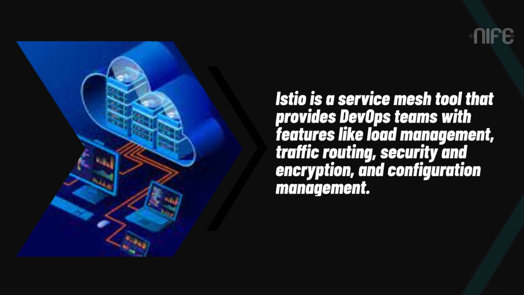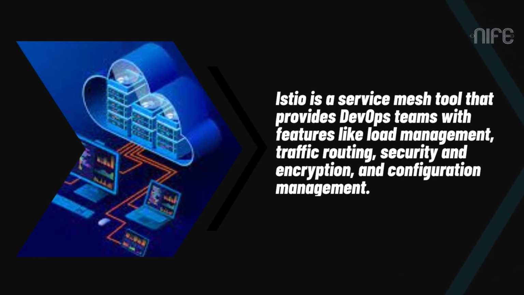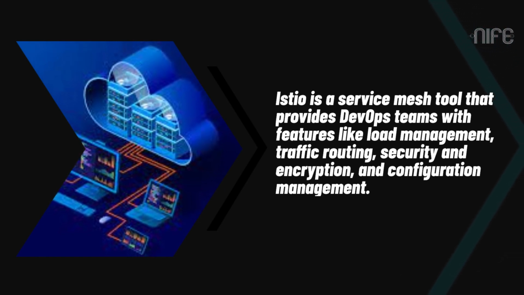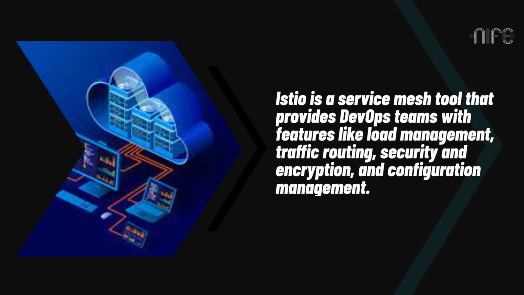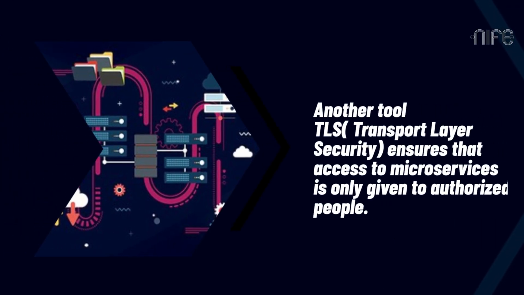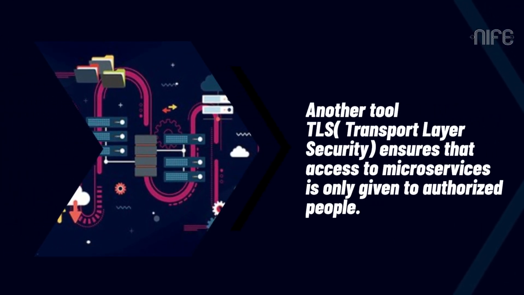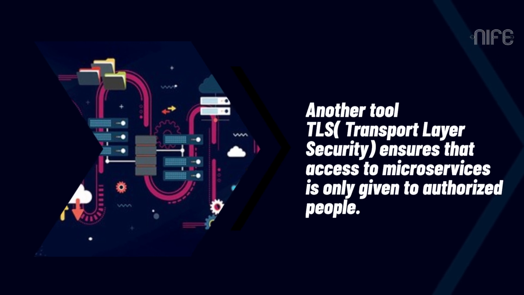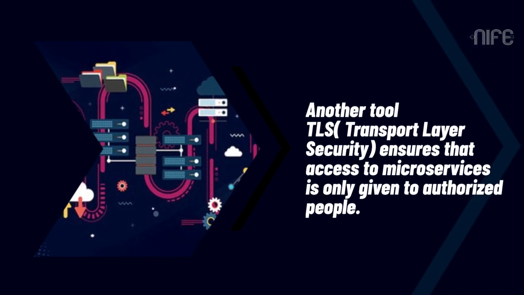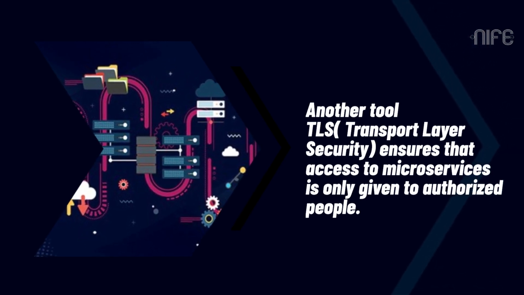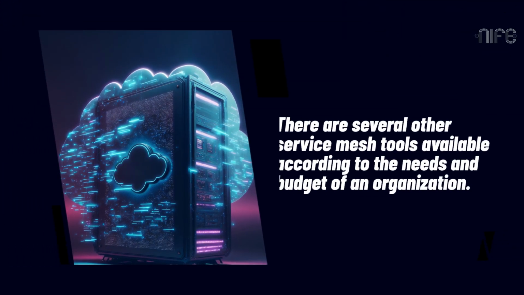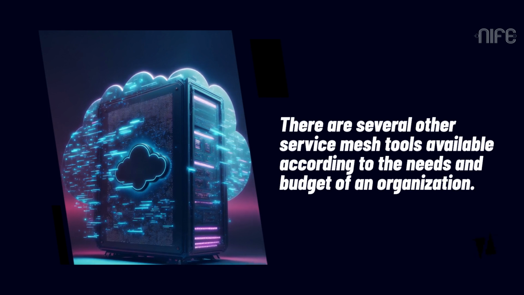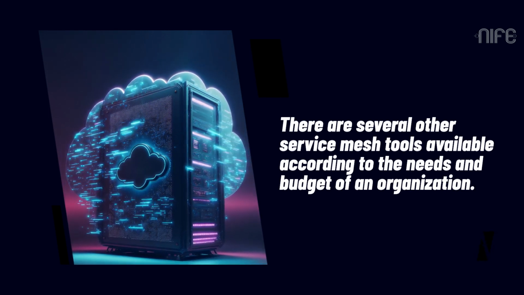Istio is a service mesh tool that provides DevOps teams with features like load management, traffic routing, security and encryption, and configuration management. Another tool, TLS, Transport Layer Security, ensures that access to microservices is only given to authorized people. There are several other service mesh tools available according to the needs and budget of an organization.